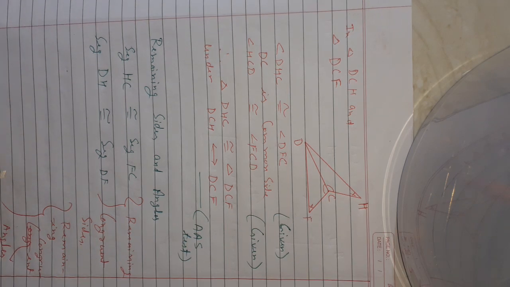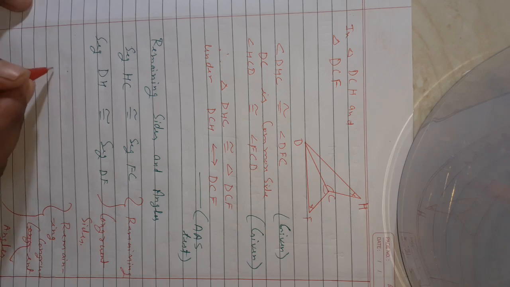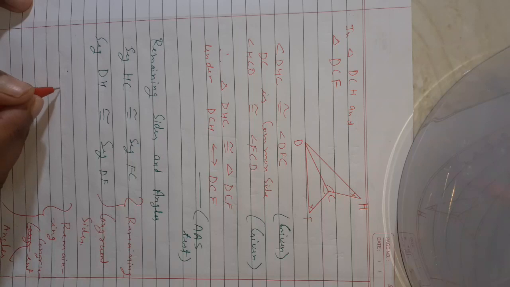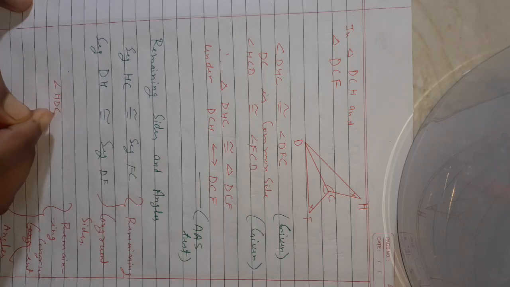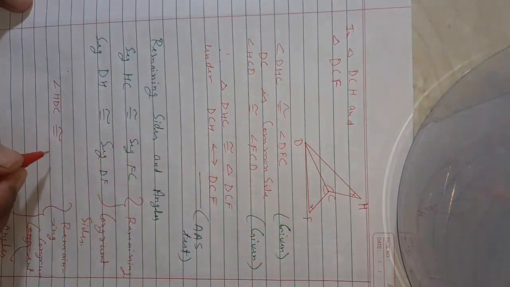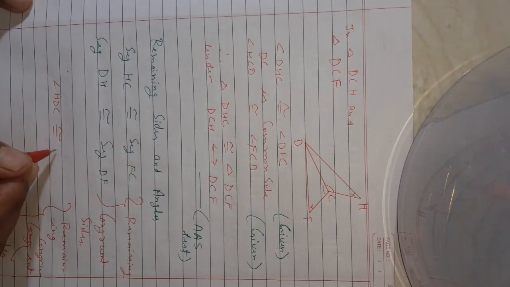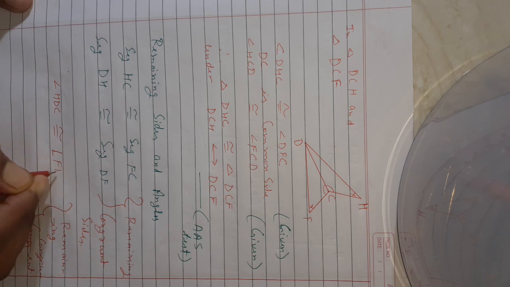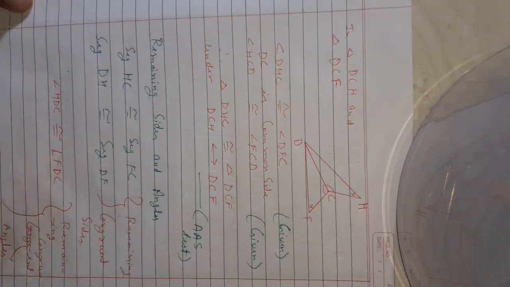What is the remaining congruent angle? Angle HDC is the only one remaining. So angle HDC is congruent to angle FDC.